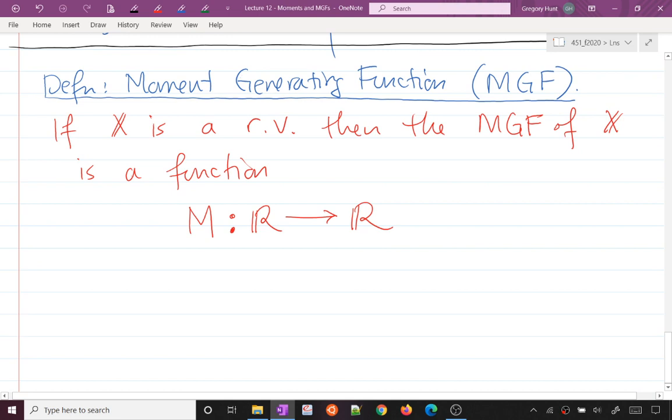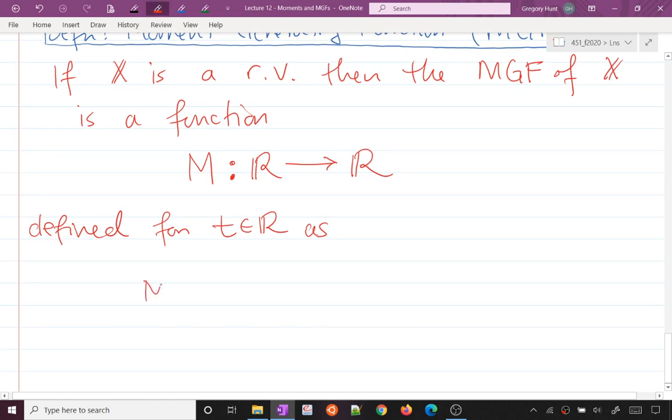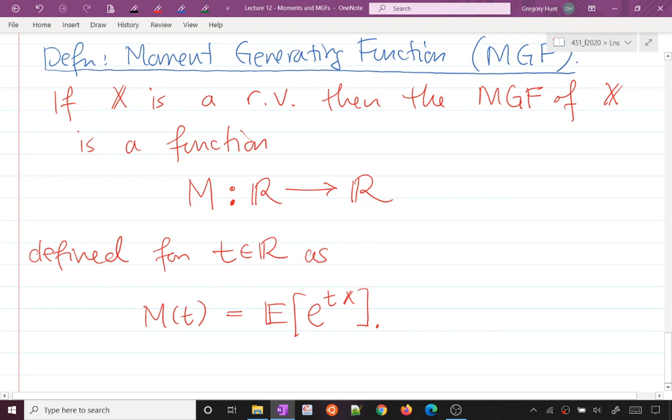So the MGF is some function, and the way we define this function, if I pick some real number, typically we use the letter t, we define M of t as the expected value of e to the tX. Okay, so this is our definition of the MGF.